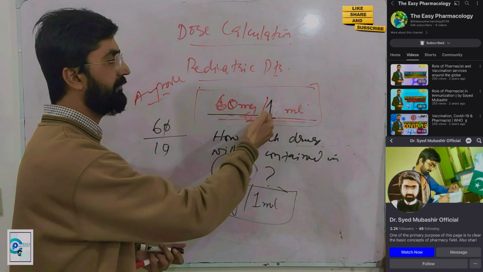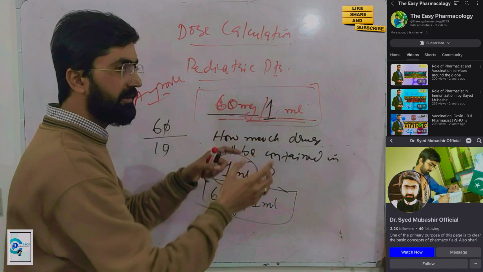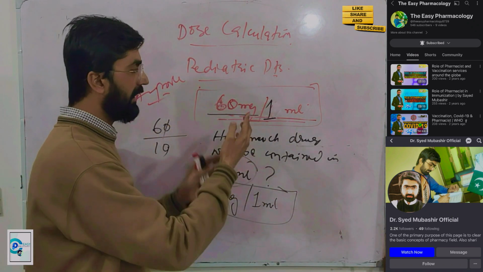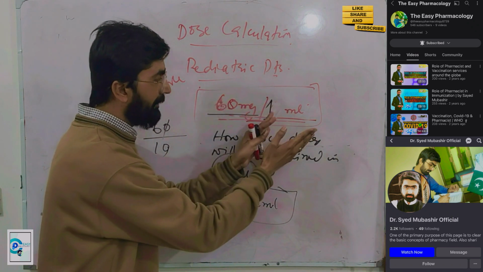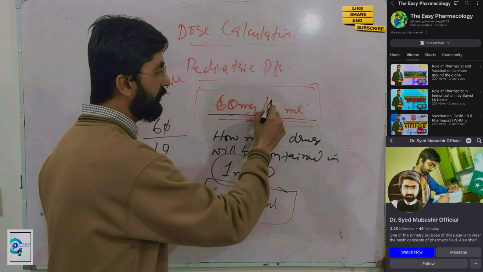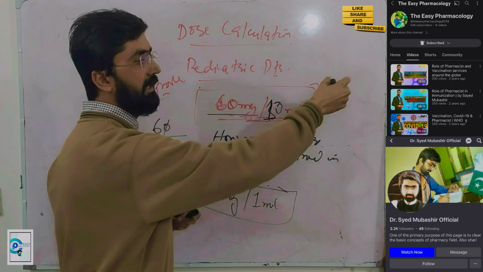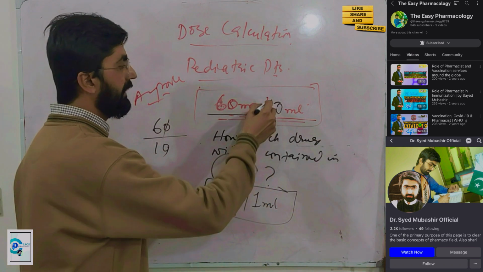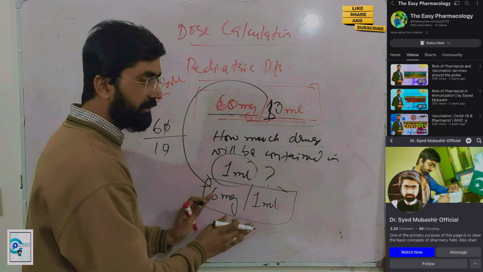There is 60 milligram of drug in 1 ml. So in this situation there is no need to do this step, because already in 1 ml there is 60 milligram. But if there is a volume like 5 ml or 10 ml or any volume, then from that you have to come to this step.